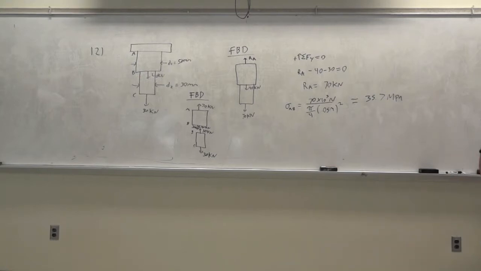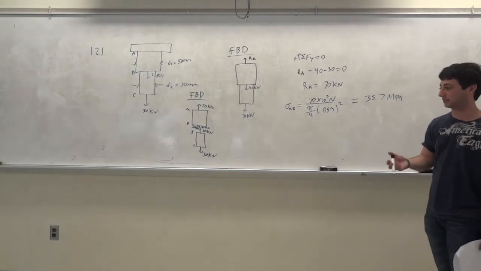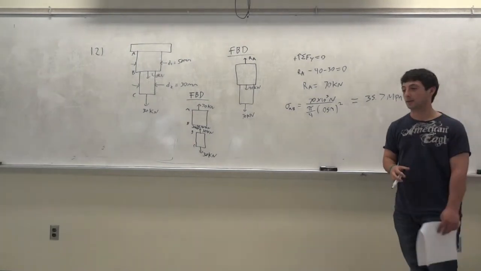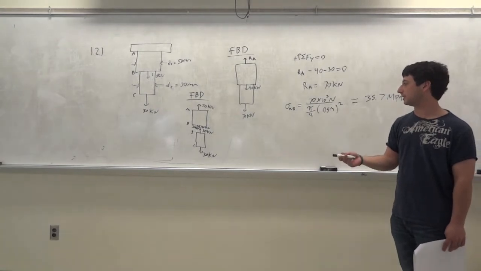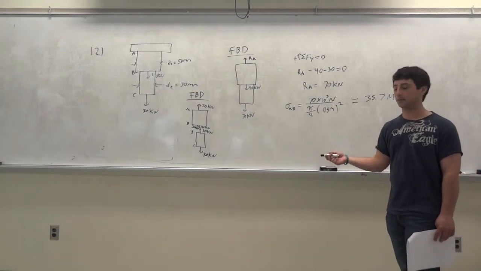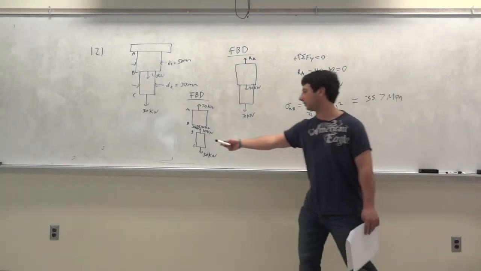Any problems with that, or no? No problems? Alright, so now that you guys know the stress in AB, what's the stress in BC? If I want the stress in BC, it's the force over the area. But what force are we using now? This is rod BC over here.